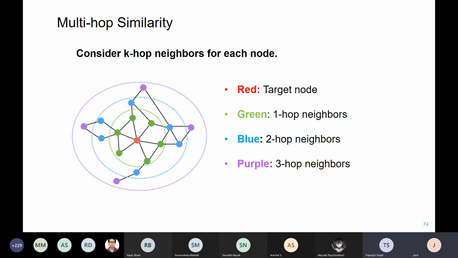Hello, sir. Yeah, please go ahead. Sir, why are we taking dot products as similarity measures? Rather, we can take cosine similarity to measure the angle. Yeah, that's a good question. You can do that, but there are two reasons. When you are taking cosine similarity, there is a denominator factor, and that is relatively difficult to optimize. The expression becomes a little complicated.